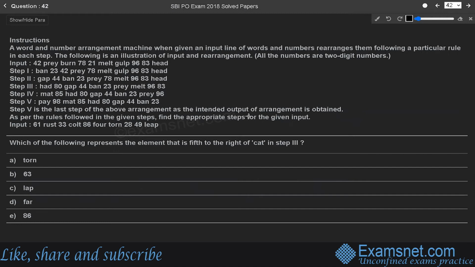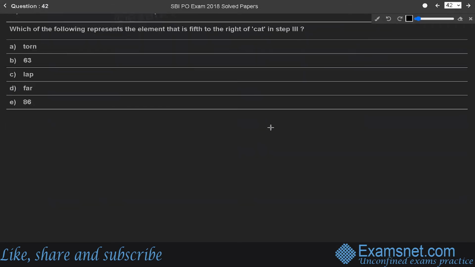Moving on to next question, it also has the same directions. Here the question is, which of the following represents the element that is fifth to the right of cat in step 3rd? So rewriting step 3rd, which is lap, 51, far, 35, cat, 30, 61, rust, 86 and torn.